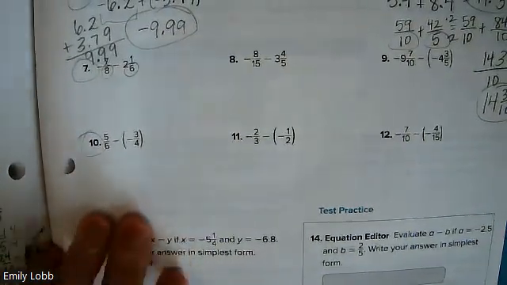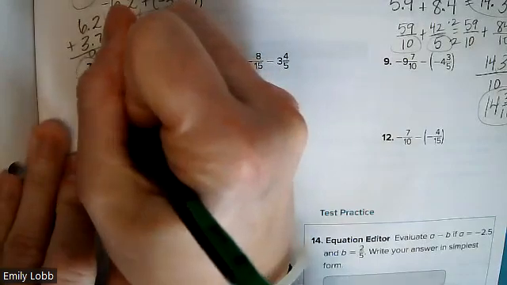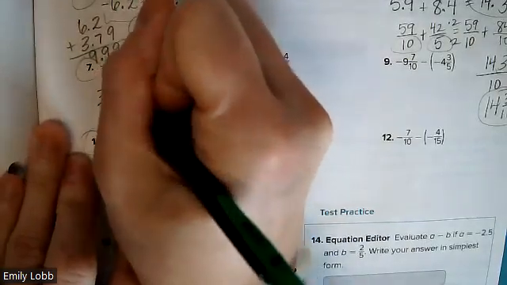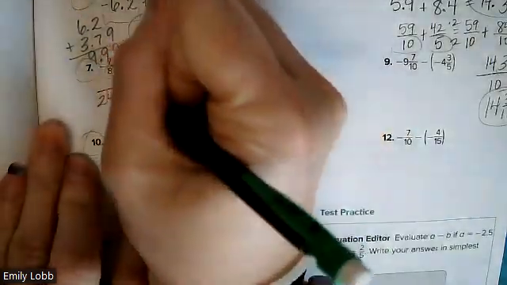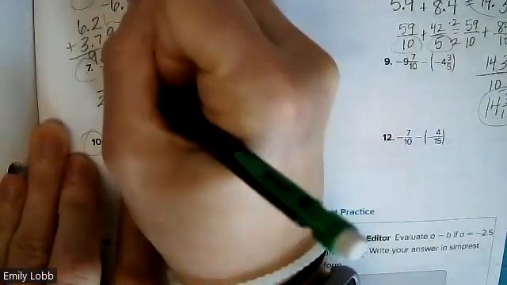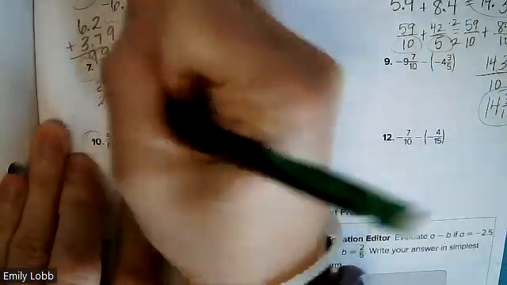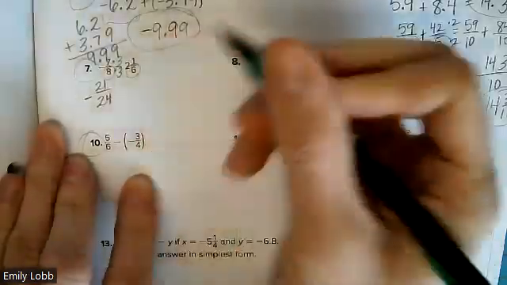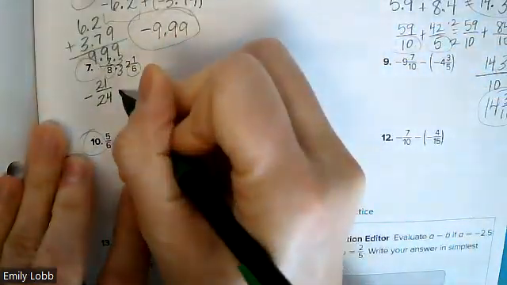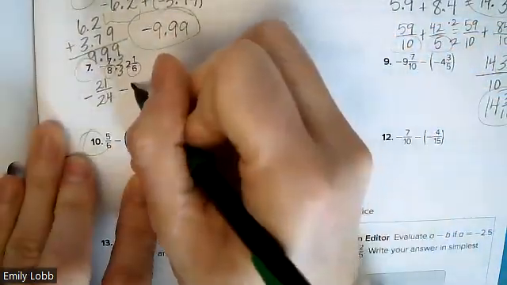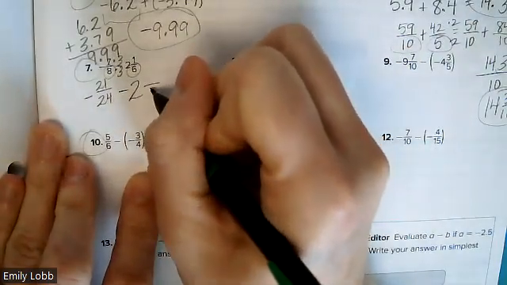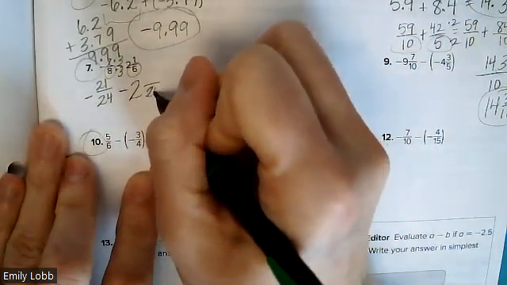Does 6 go into 24? Yes. So 8 times what is 24? 3, right? So 7 times 3 is 21. I haven't changed these into improper fractions yet, but we can if you want to.